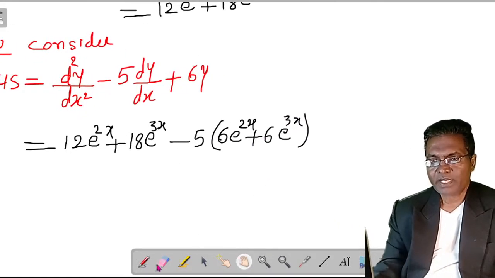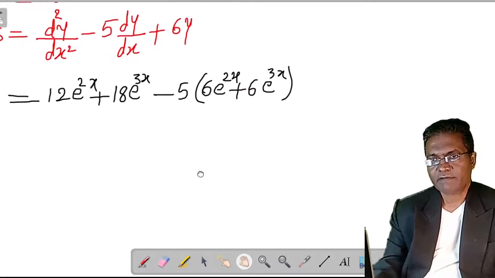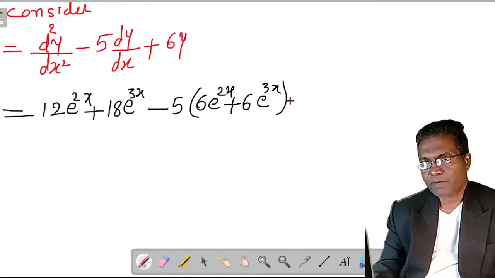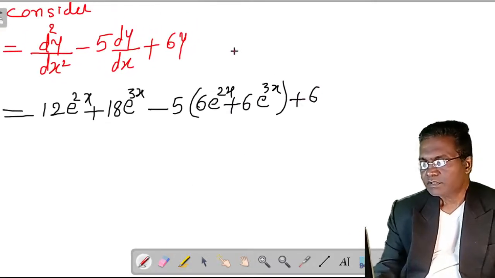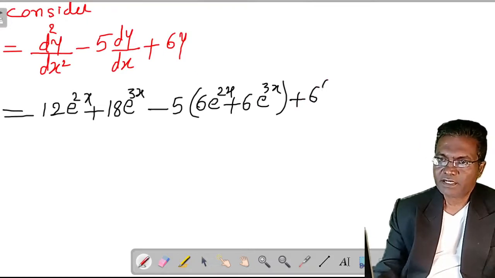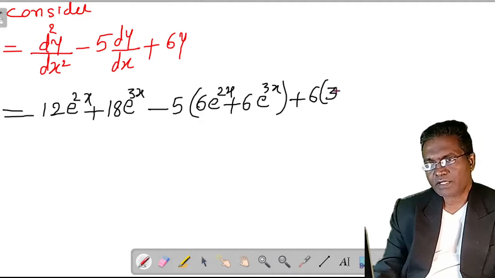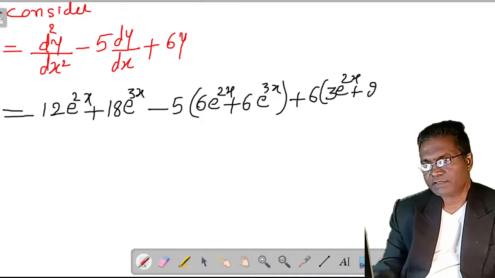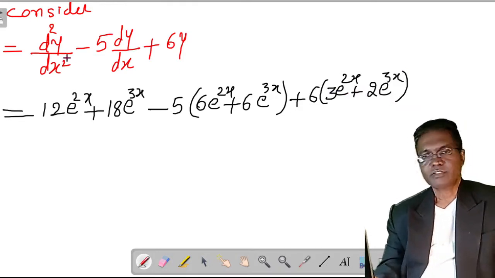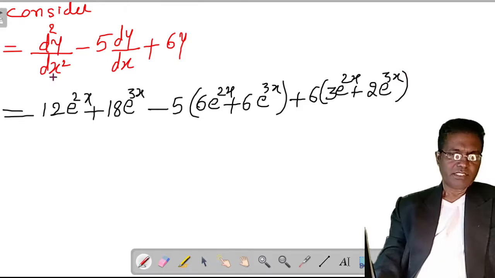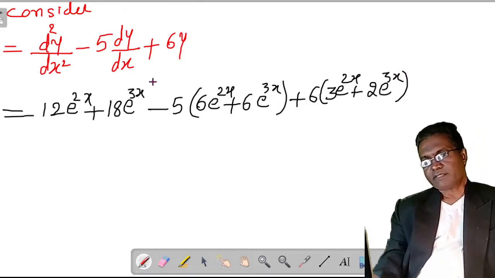And what is y given? Okay, so it is plus 6 as it is, and y is 3 e power 2x plus 2 e power 3x. This is your given. Okay, so we have substituted the value of d square y by dx square, dy by dx and y.